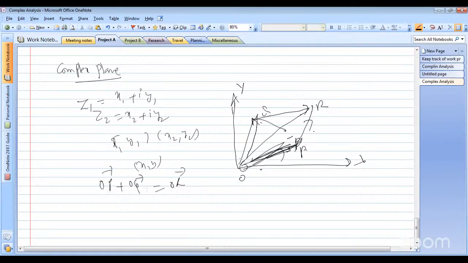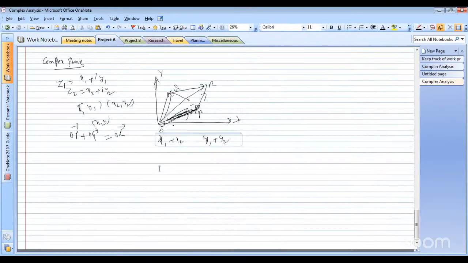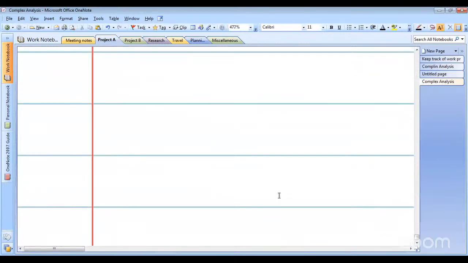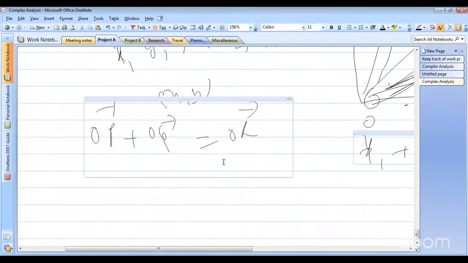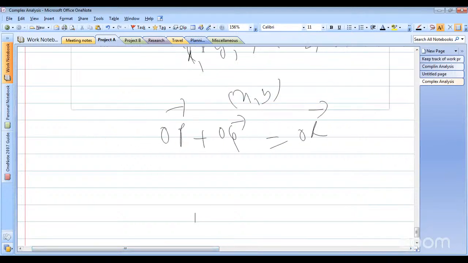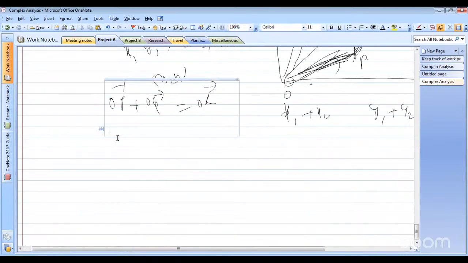By elementary coordinate geometry, the vertex has coordinates x1 plus x2 and y1 plus y2, so the respective x and y coordinates represent the complex number x1 plus x2 plus i times y1 plus y2.